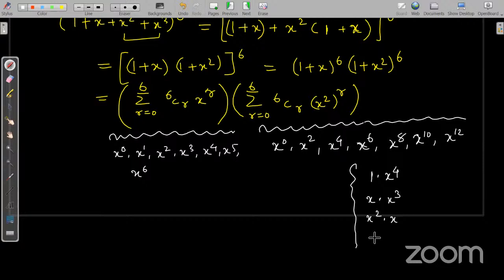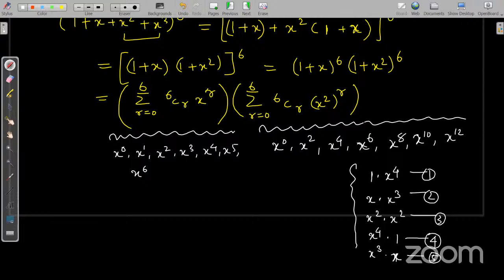Next case, x to the power 4 into 1. And the next case is x cube into x, sorry. So how many cases are you getting? That is 1, 2, 3, 4, 5. So 5 cases.